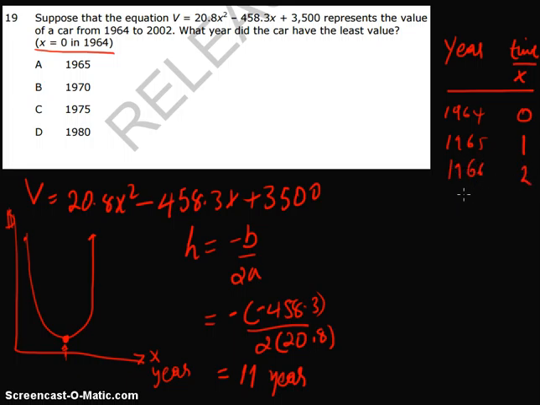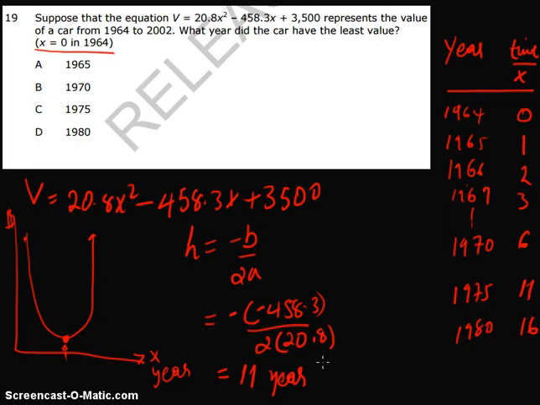If we keep going like this, 1967 would be 3, and 1970 would be 70 minus 64, that would give us 6, and 1975 would be 75 minus 64, that would be 11, and 1980 minus 64, that would be 16.